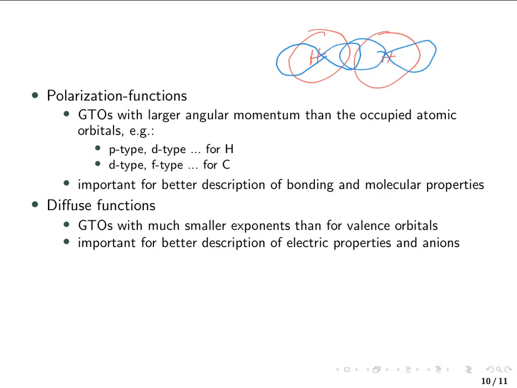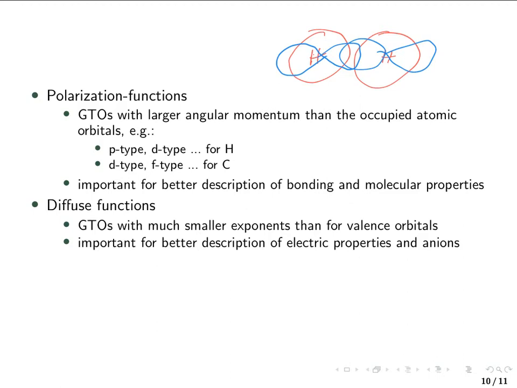Now, the more accurate a calculation one wants, the more polarization functions with high angular momentum one would include. These polarization functions are important for describing bonding, but also many other molecular properties, like, for example, UV spectra. It's important to have included polarization functions in the basis set.